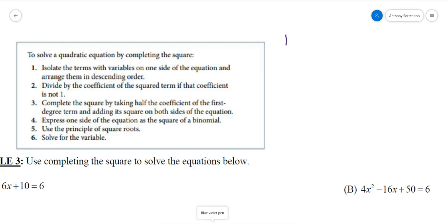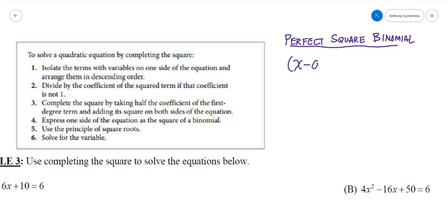A perfect square binomial is one that's usually written in this format: x minus a quantity squared.